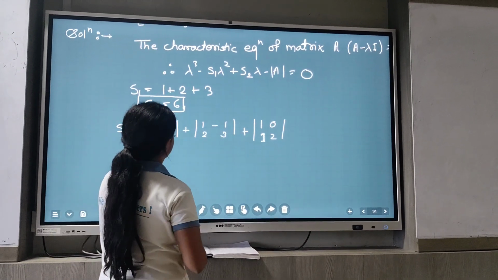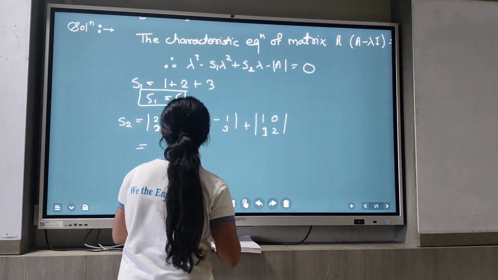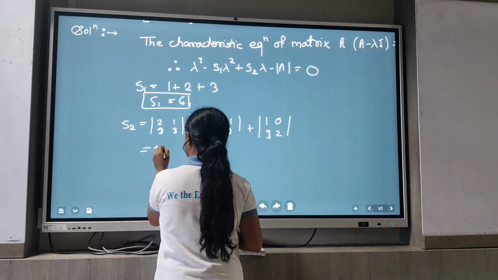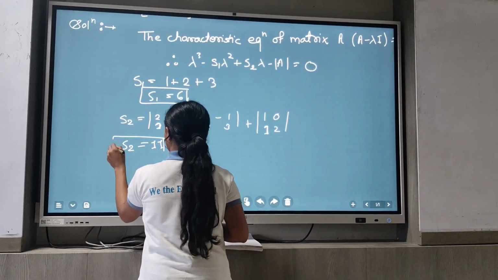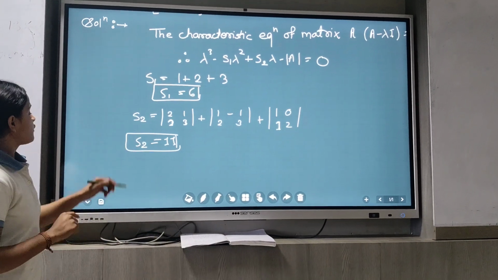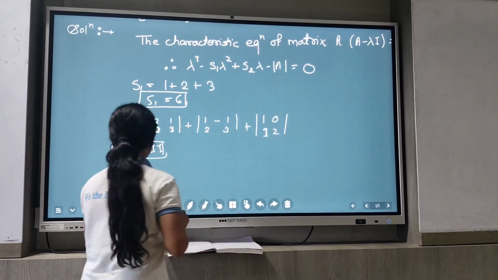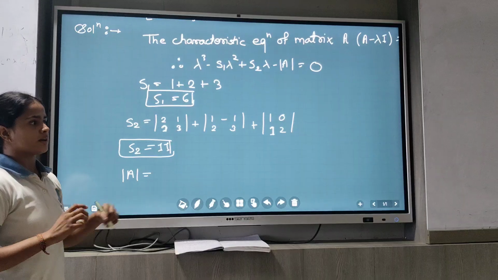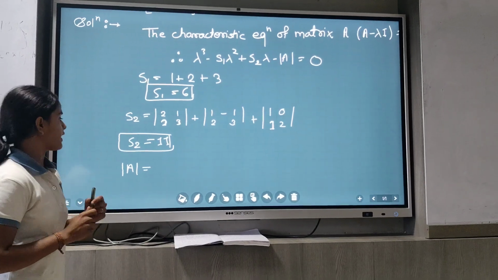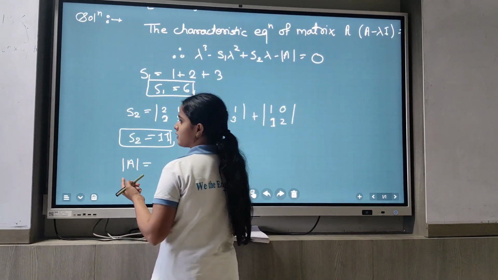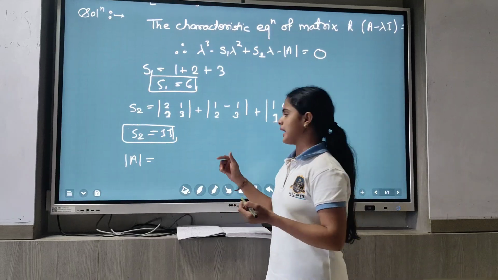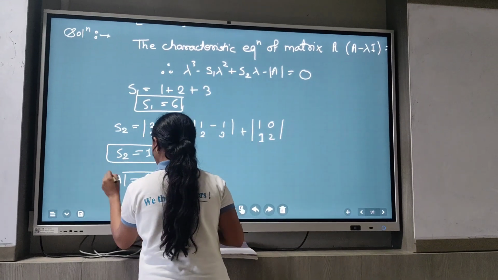When we multiply and then add, we get the S2 value, which is 11. Now, after this, we will find the determinant. It will be easier with the help of a calculator. After putting the values in the calculator, we get the determinant, which is 6.